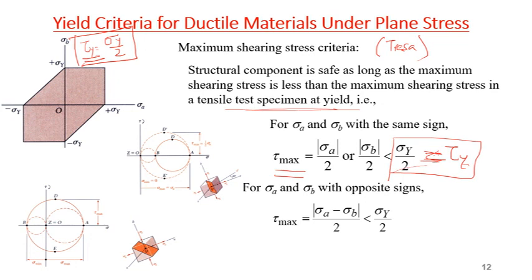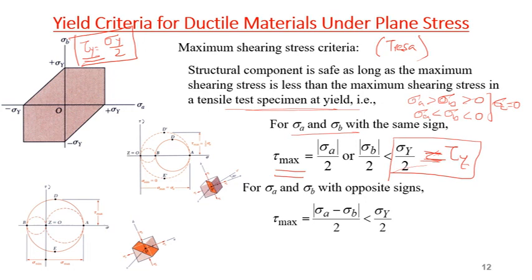But now there can be two possibilities. First possibility, sigma A and sigma B both have the same sign, meaning both are tensile or both are compressive, whereas sigma C will be equal to 0. Again, we are talking about the plane stress case, so sigma A and sigma B are my principal stresses. In that case, what will be the Mohr circle?